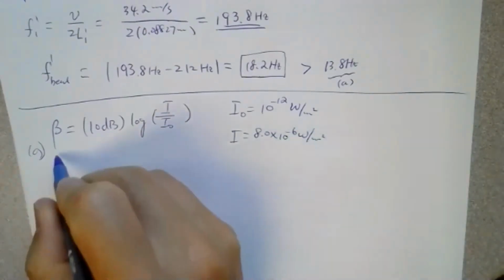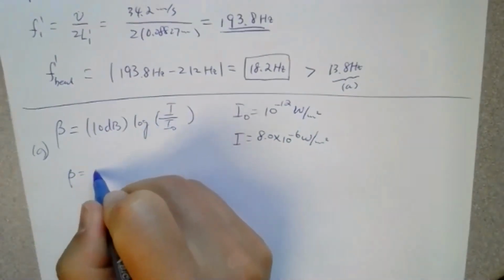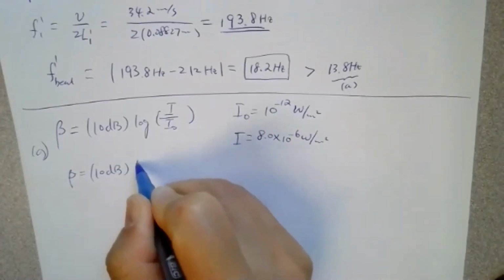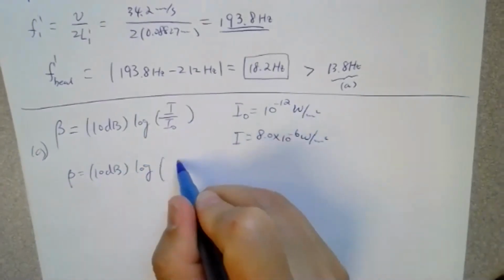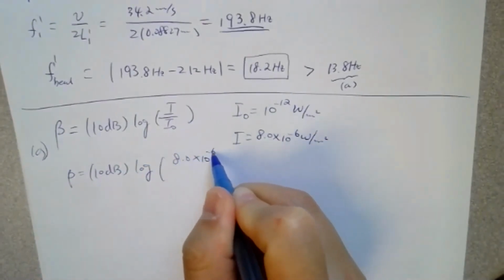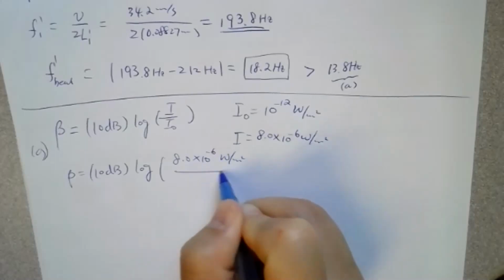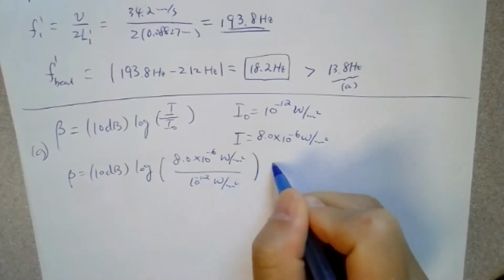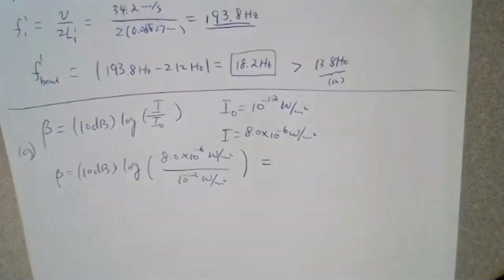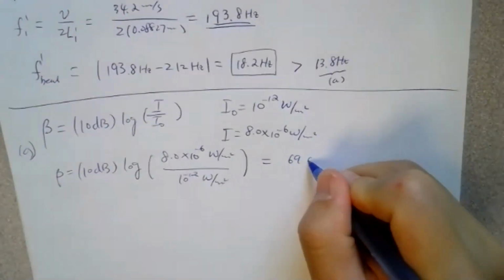Beta then equals 10 dB times log of, I think we can plug in the numbers here, 8.0 times 10 to the minus 6 over 10 to the minus 12. So that will give you 69 decibels.